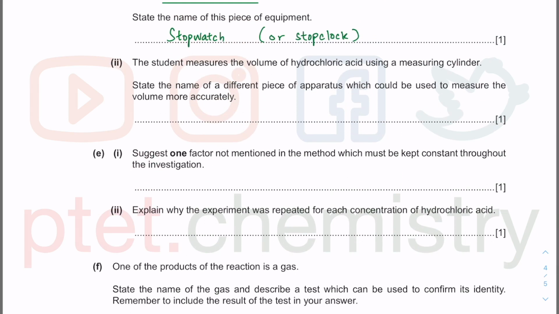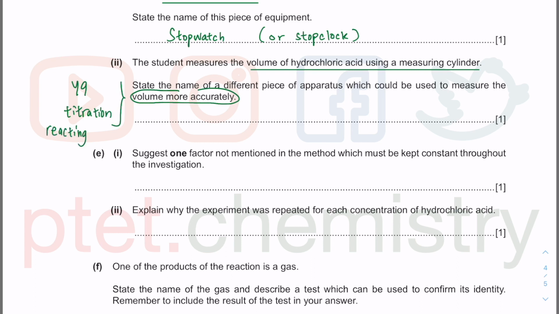Next one, the student measures the volume of hydrochloric acid using a measuring cylinder. What else could you use to measure the volume more accurately? This is in the year 9 titration bit of the syllabus under reacting masses, where we cover concentrations. We also talk about reacting volume of solutions.